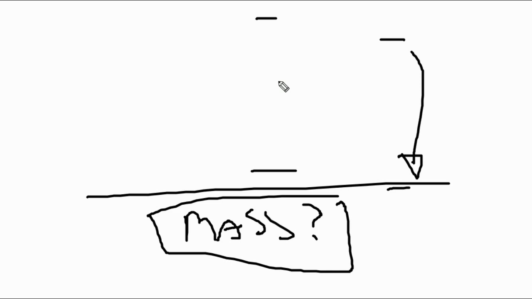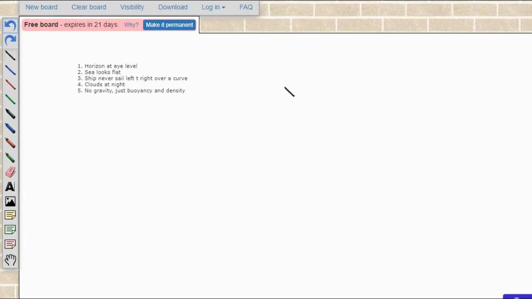So let's have a look at all 5 in one hit. So here we are. These are the 5 things that we have covered. The horizon at eye level. We have seen that even whether the Earth is flat or whether the Earth is a globe, the horizon will appear to most people to remain at eye level even when they go up into an aircraft at 33,000 feet or 10 kilometers high.